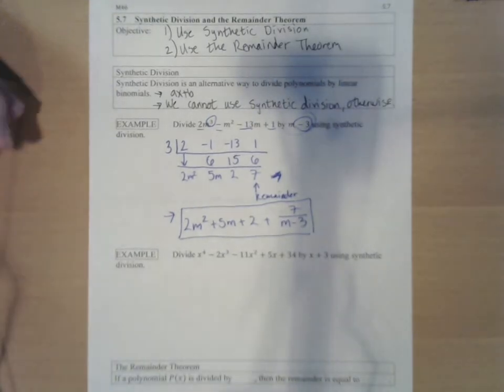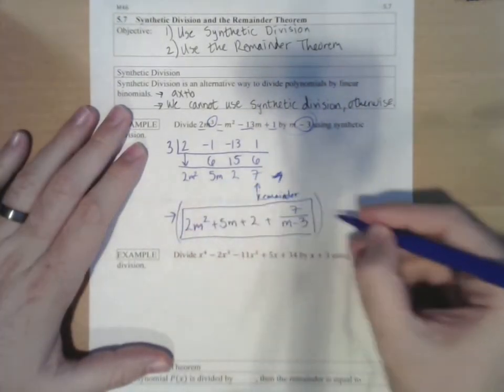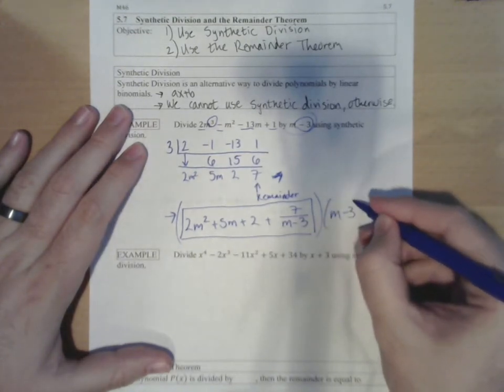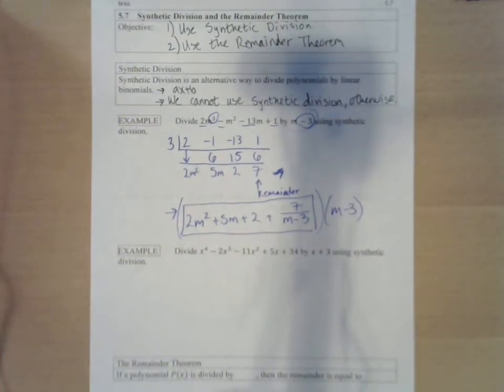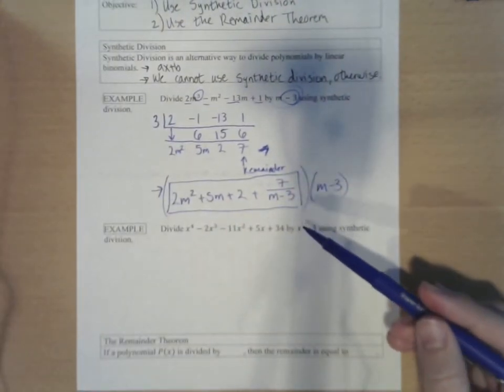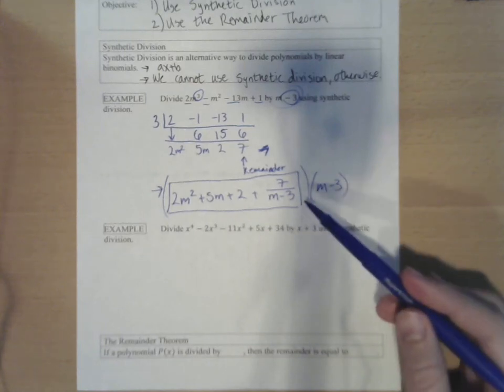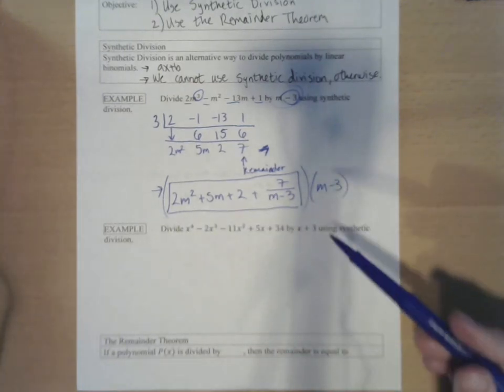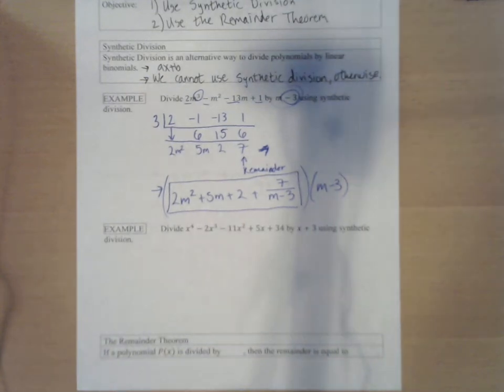Now you can always check your work by multiplying this big thing by m minus 3 and making sure you get back to the original. In fact, for the first couple, I would suggest that you do that just to see. I like this one, it's not too bad. I would multiply all these terms by m minus 3, distribute that out, and see that it gets back to what we started with. And it will.